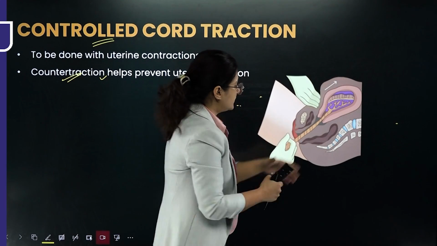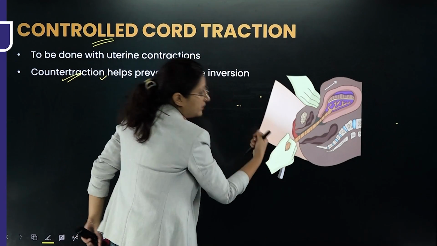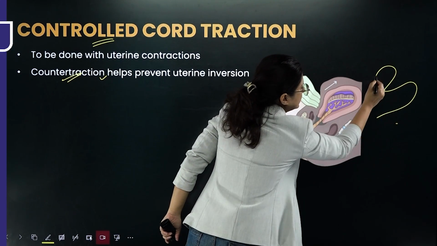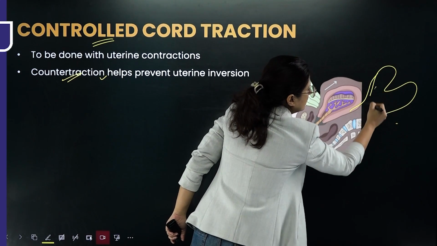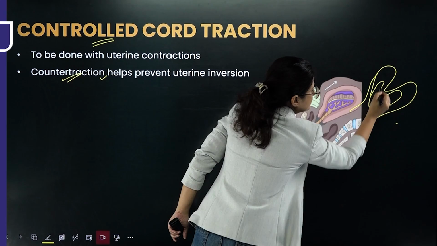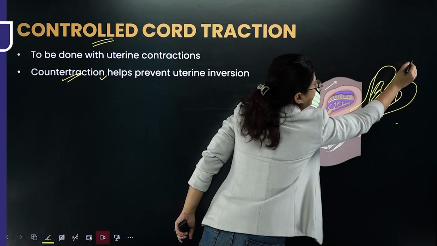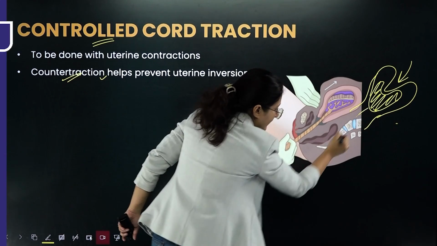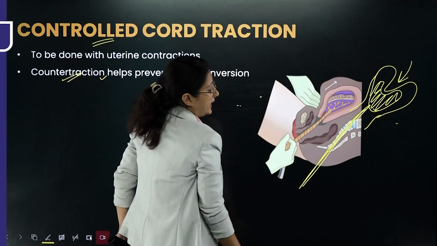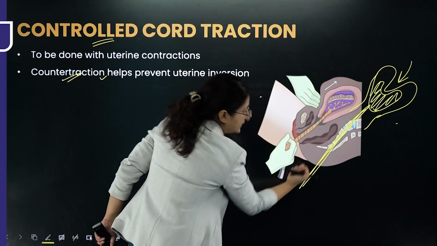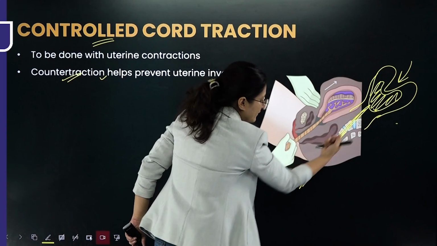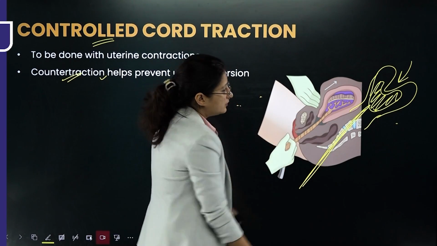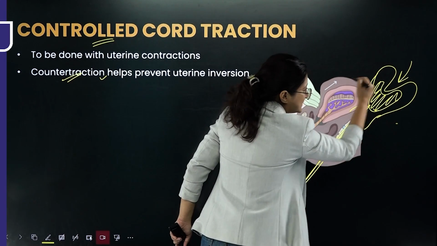If the uterus is relaxed and we are tugging at the umbilical cord, what can happen? Uterine inversion can take place. Let's say the placenta is here, it is still attached, and we are inverting the uterus. We are tugging at the cord, and we feel, oh, it is coming down, because what I'm feeling is an apparent lengthening of the cord when actually the placenta has not separated.